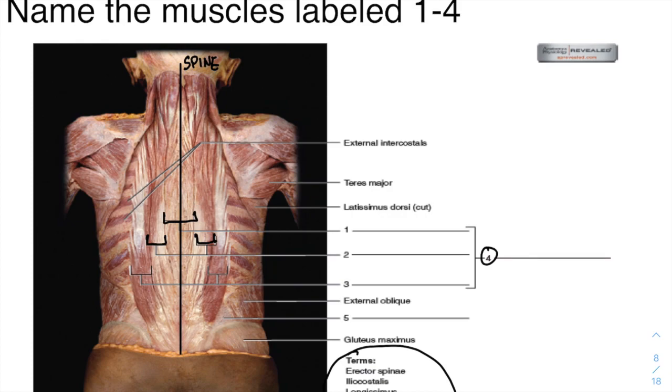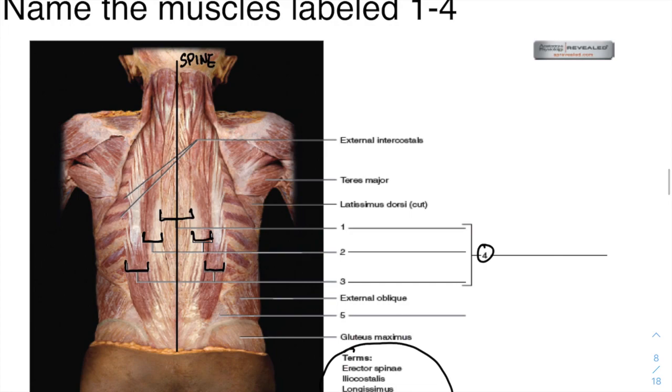So that was 1, I already said 2, and this is 3. These big group of muscles that I'm now highlighting, marking with arrows and drawing lines, are called the erector spinae muscle group. Erector spinae.